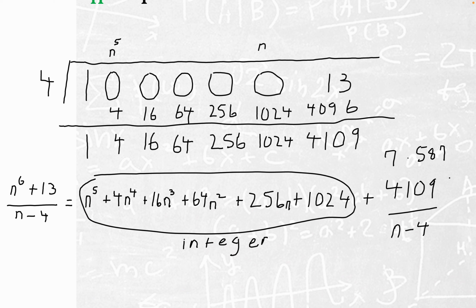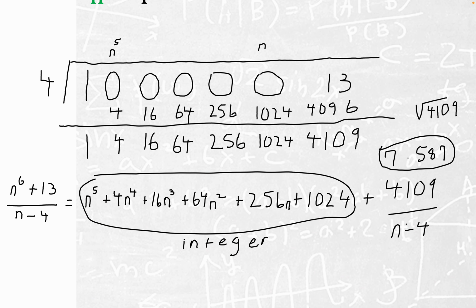So 7 times 7 is the 49 right here. A little more depth: you could look at the square root of 4109 to know where to start, and try to find primes less than that, somewhere around 64 or so. But anyway, it does take some time to determine that 7 times 587 is the prime factorization of 4109.